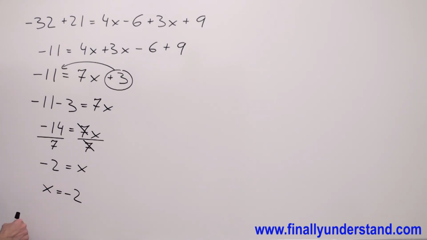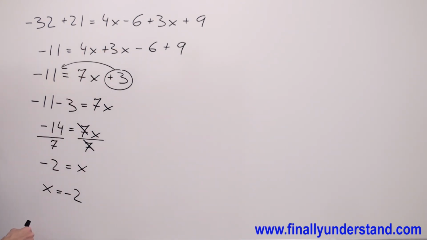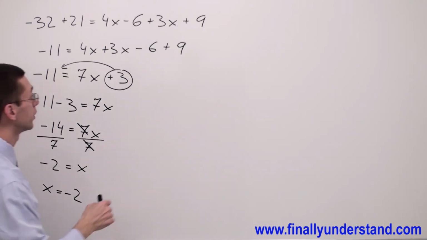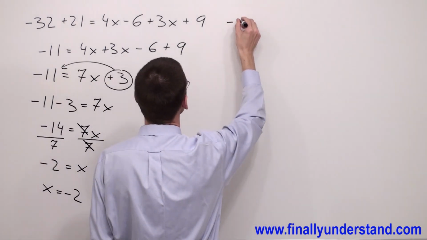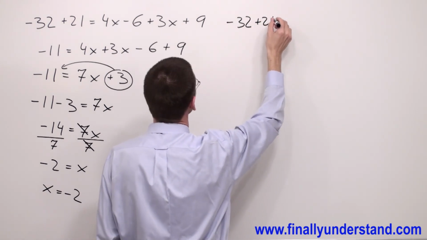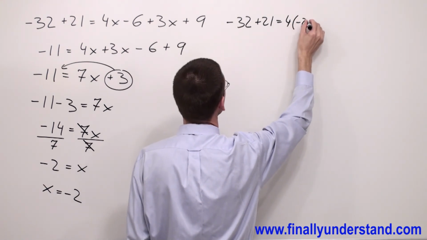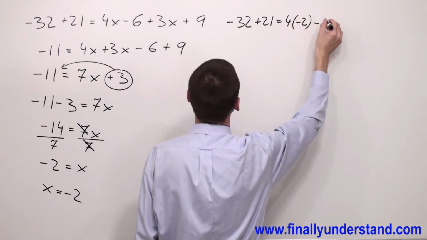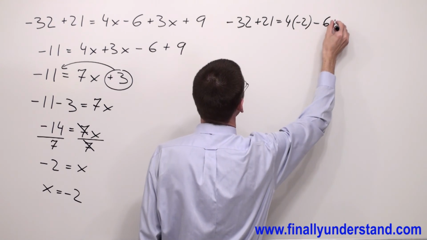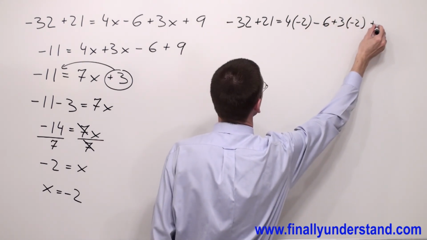In order to verify that the answer is correct, we're supposed to replace every single x in the original equation by negative 2. That's why I'm going to have minus 32 plus 21 equals 4 times negative 2 minus 6 plus 3 times negative 2 plus 9.